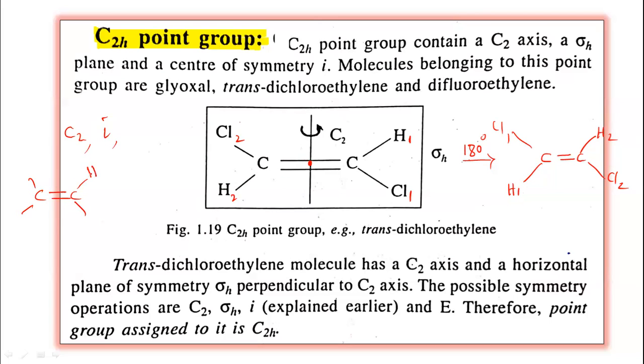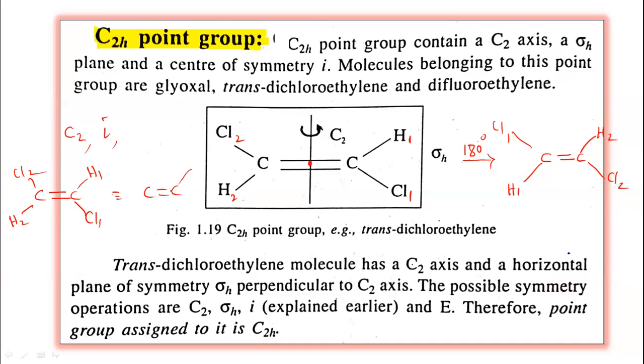So this is hydrogen 1, chlorine 1. Now it is hydrogen 2 and chlorine 2. So it has the horizontal plane of symmetry. When we pass that horizontal plane through this, what happens? It shows the equivalent orientation, and it will be like this.